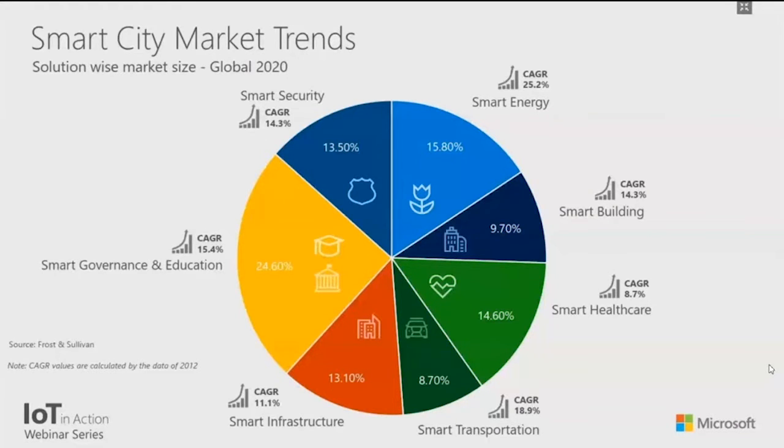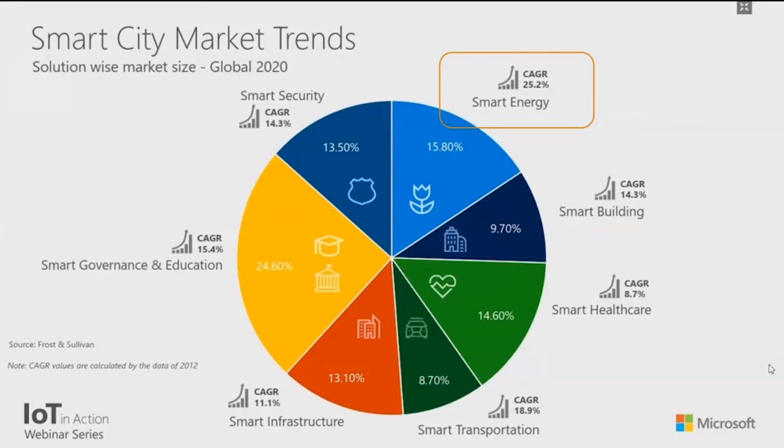Looking at the pie chart of smart city markets, the smart energy industry will be the fastest growing market, at around 20.2% compound annual growth rate.